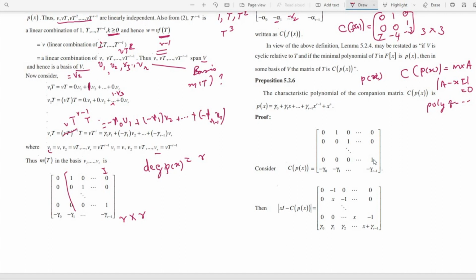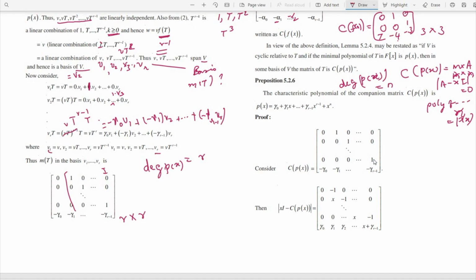If the order is r cross r, I will get a polynomial of degree r. If it is n cross n, I will get a polynomial of degree n. So if the degree of P of x is n, the companion matrix of this polynomial will be of order n cross n, and the characteristic polynomial will be of degree n. So what we are trying to prove is that ultimately you will get this to be P of x itself.